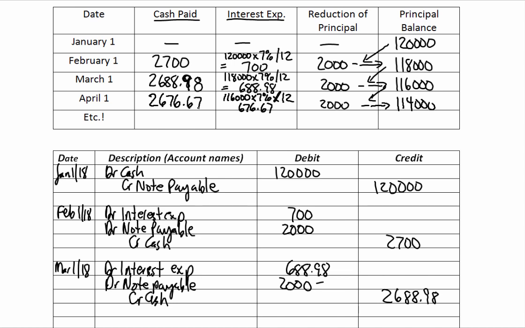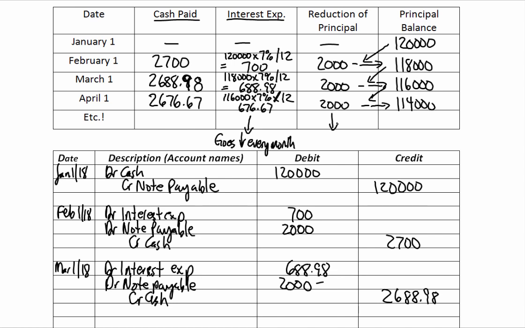And we just keep going down because eventually the principal amount would be zero and I wouldn't be paying anybody anything anymore. And notice my interest expense is declining. It goes down every month, because every single month I'm reducing the amount of the principal.